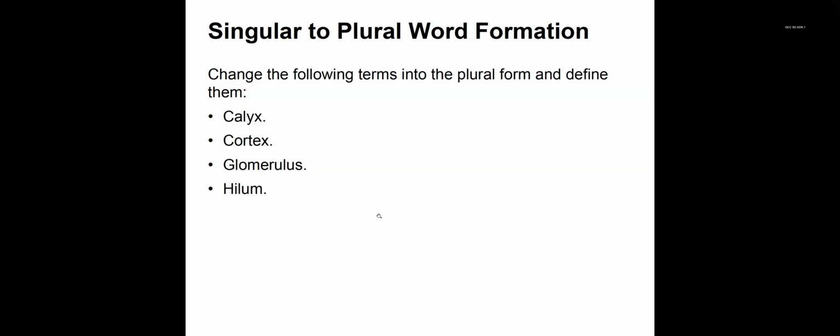This refers to the outer layer of an organ, like the kidney or the brain. Glomerulus, so the plural would be glomeruli. This is a group of blood capillaries that are responsible for filtering out blood and transporting filtrate into the urinary system. Hilum, plural hila. This is the area of an organ where the vessels and nerves enter or leave.